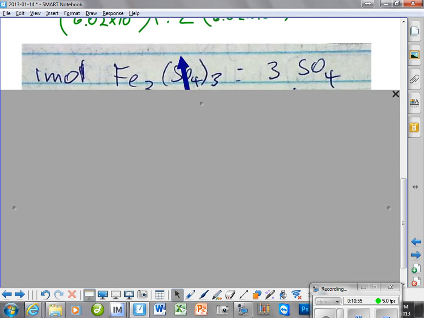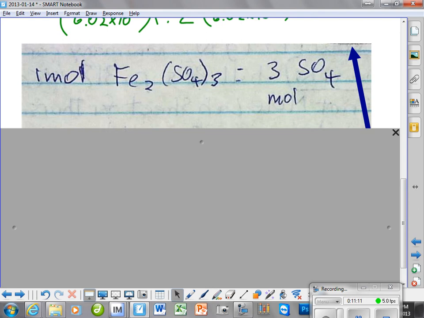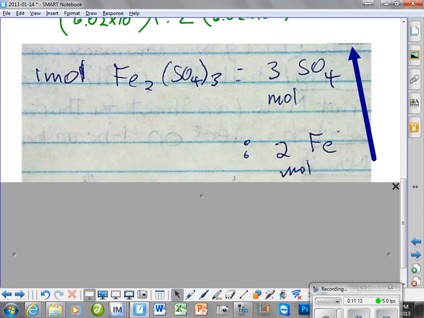So the ratio of 1 of these to 3 of these is our ratio, and that would be individual atoms or moles of atoms. Making sense? And now down here, if we're talking about iron, why is this guy going to be 2? Because of that guy right there. That's what nailed it down. The subscripts are what you want to use.